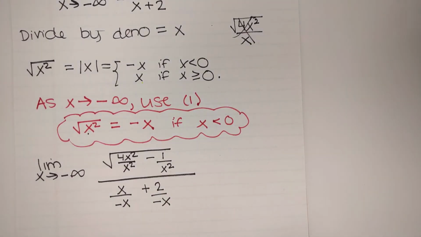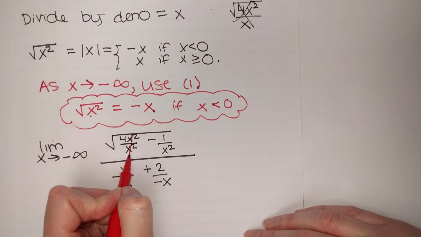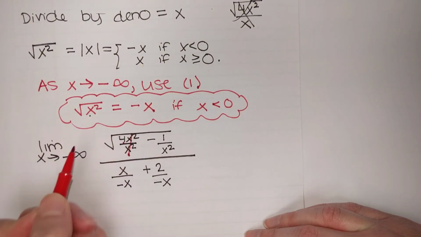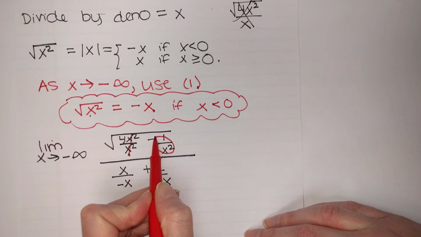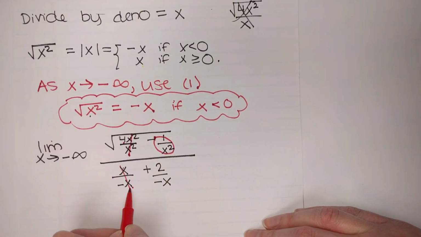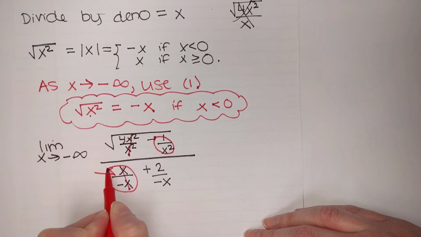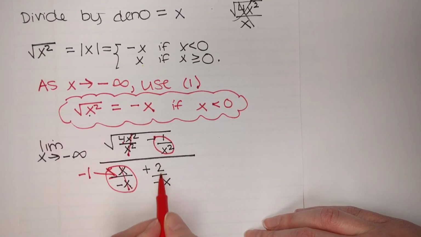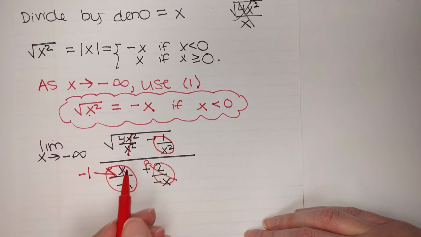All right, so when I simplify this, the 4x squared over x squared is going to become just 4. The negative 1 over x squared becomes 0 by the basic limit law. The x over negative x is going to become negative 1 when I simplify. And then the 2 over negative x will become 0.